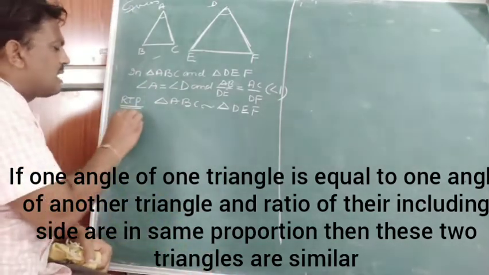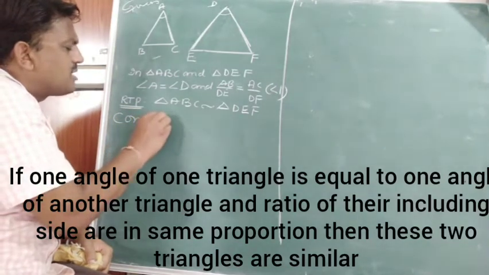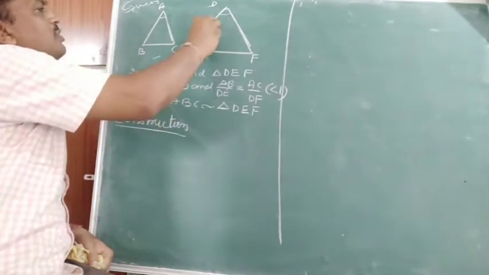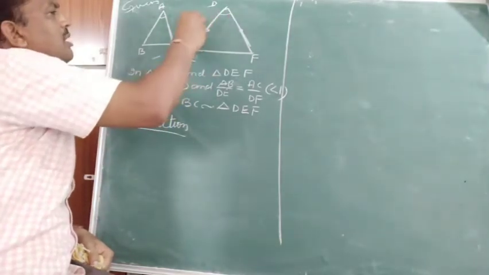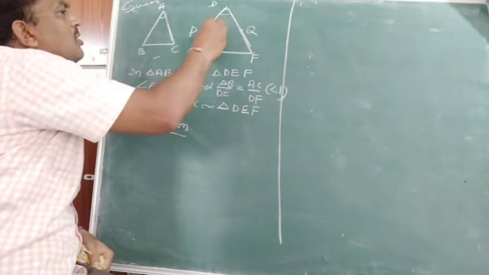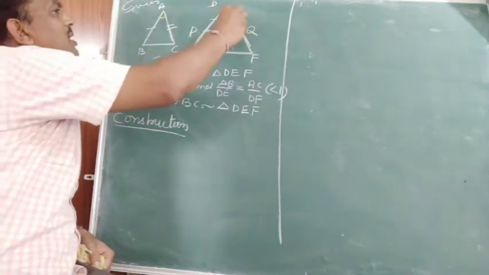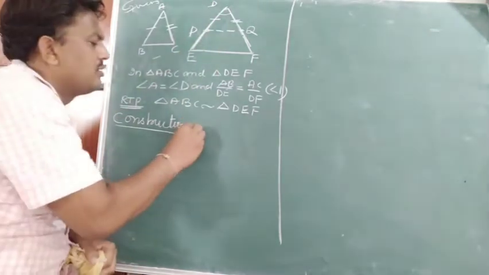For that, normally the same construction as usual. What is the construction, children? Take the points P and Q and join such that the sides are equal.